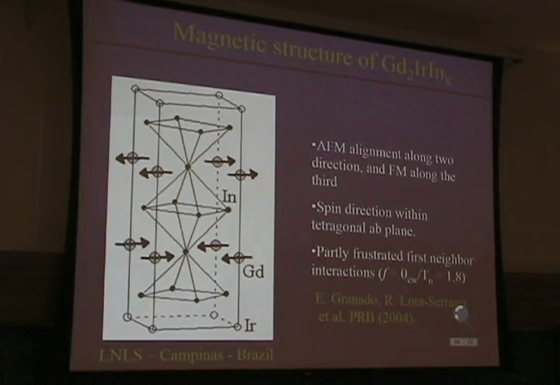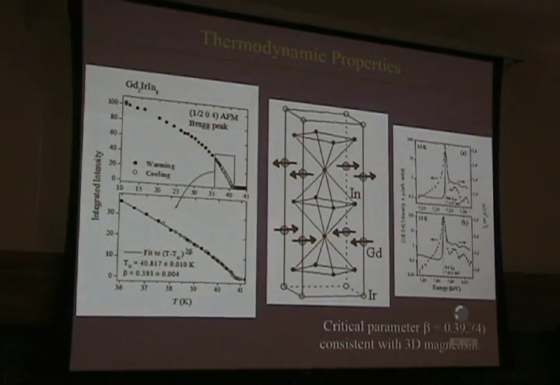So here's an example of the technique, measuring the X-ray magnetic diffraction at the resonance. It's a resonance effect. When you are at the edge of the gadolinium ion, you have a huge enhancement of the magnetic diffraction. So in that condition, you are able to measure a magnetic Bragg peak and determine a magnetic structure just like you do with neutrons.